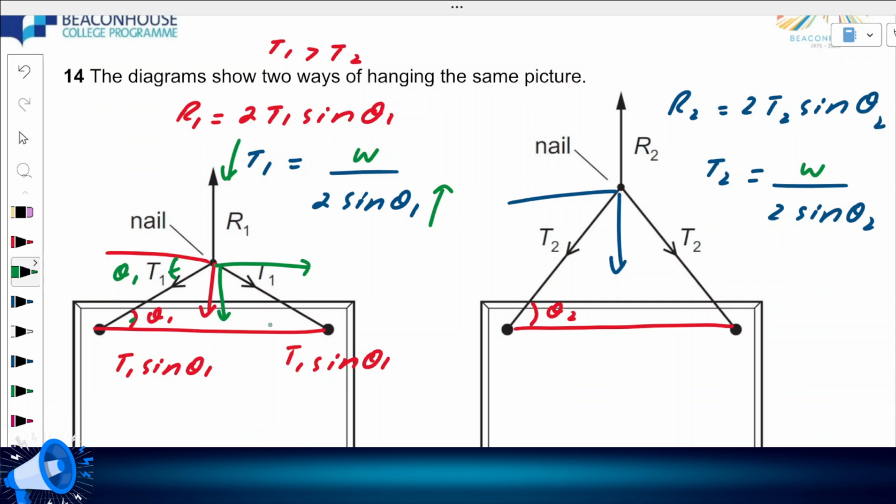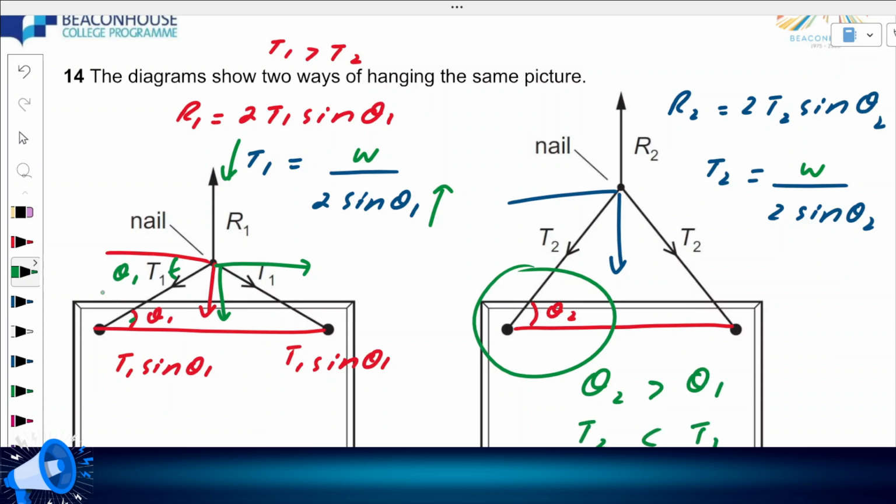So which one of these two has the greater angle? T1, sorry, T2 has a greater angle with this horizontal line. It has a greater angle. Hence, it would be having less tension.